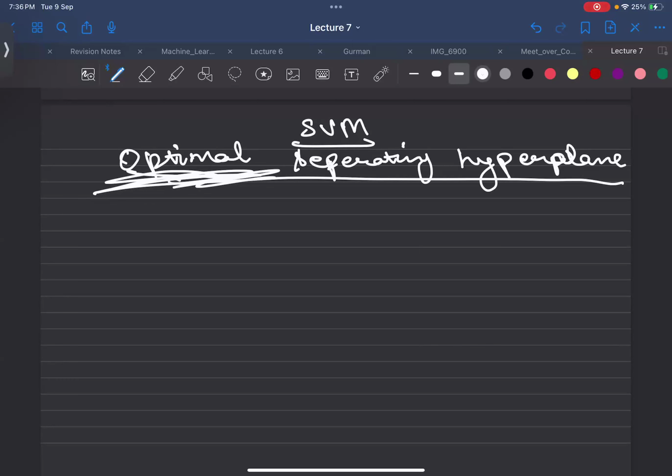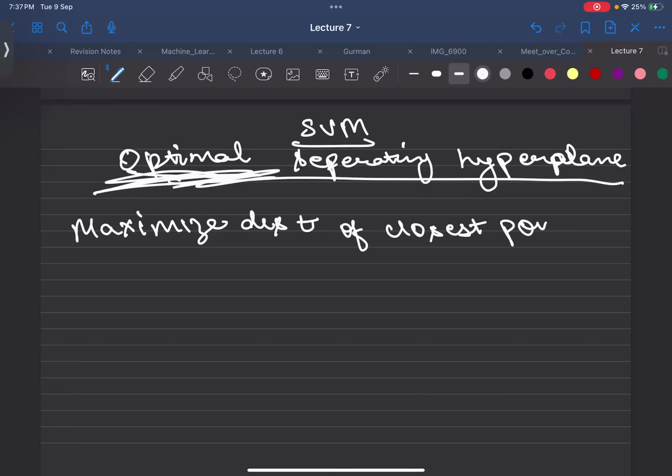Now, the objective in SVM: what is this optimal hyperplane? Maximize the distance of the closest point to the hyperplane.